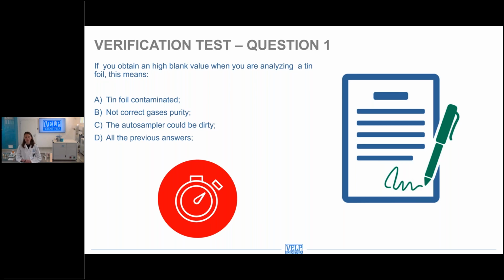I just give you 30 seconds to answer. Okay, it's a high blank value. It's a topic that is the first topic that my colleague Matteo has introduced you. So when you are analyzing an empty tin foil, you should not see a peak, but just a flat line.